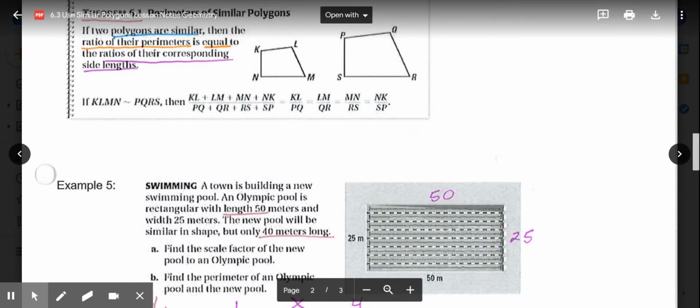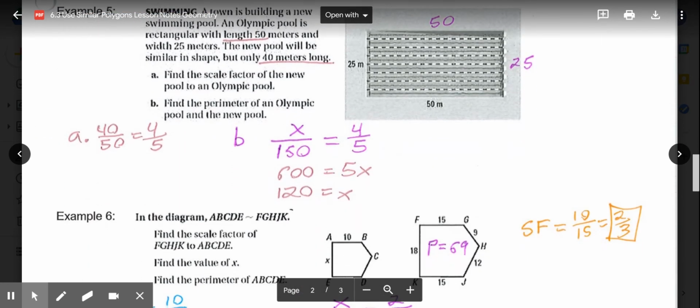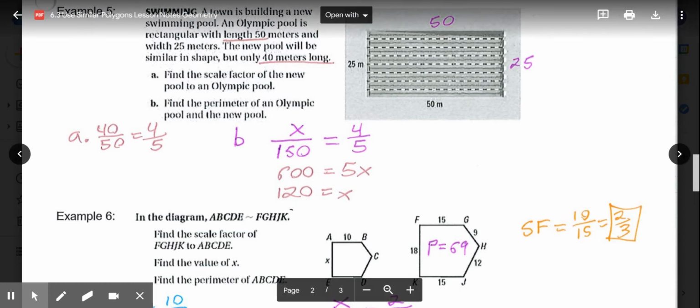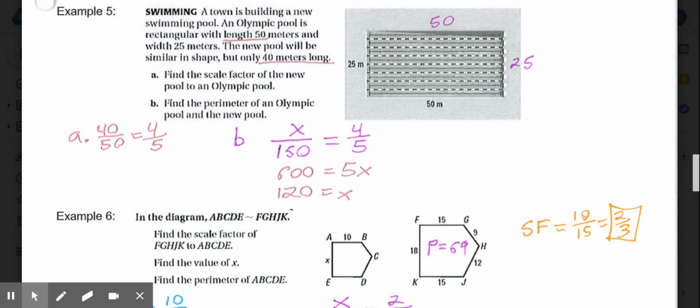We're using this idea from the theorem. So then x over 150 equals 4/5. Cross multiply and divide. So 600 equals 5x, divide by 5, and x equals 120. So the perimeter of the new pool would be 120 meters.